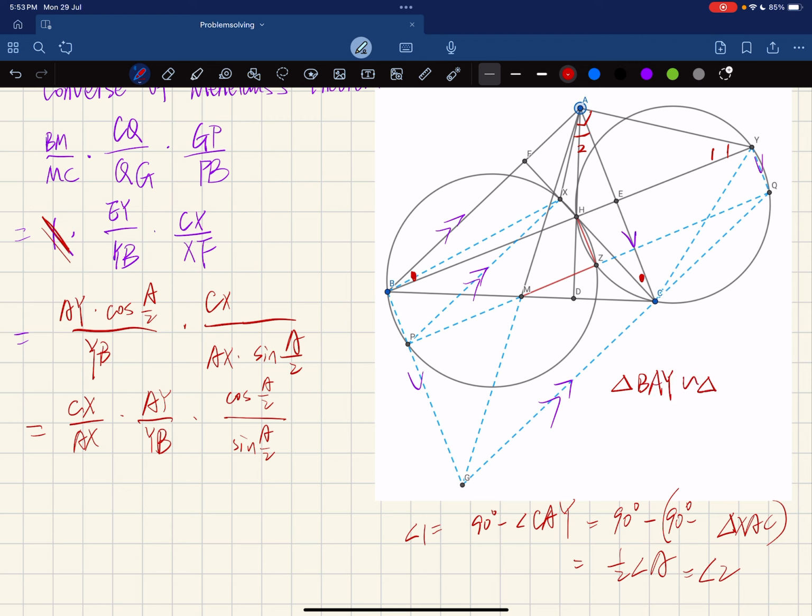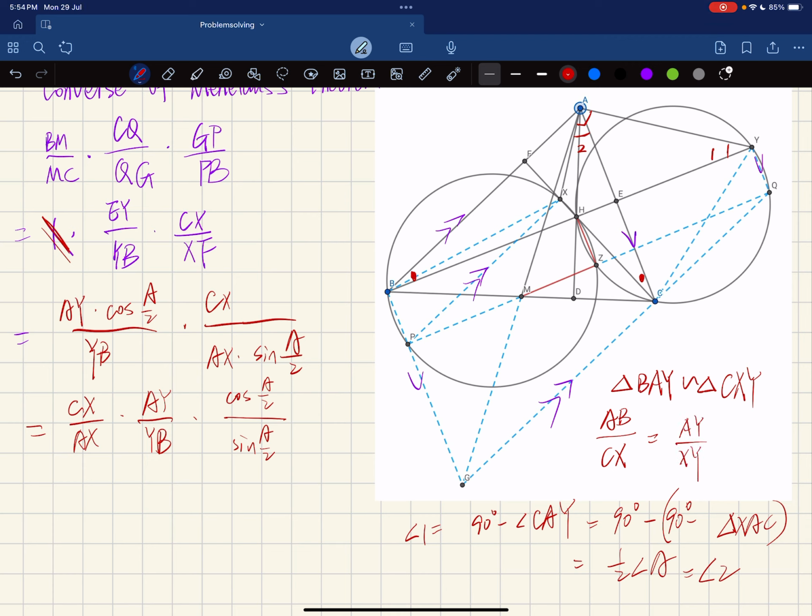So we can know that AB over CX equals AY over XY. Oh, I wrote it wrong. It is XA, right? CXA, AY over XA.